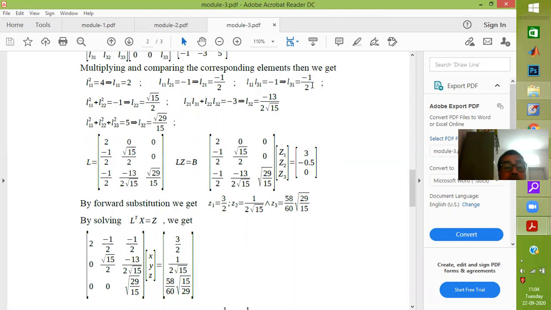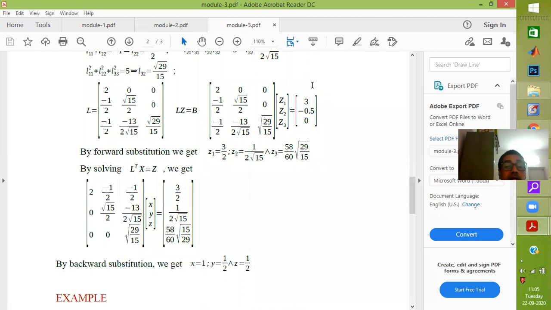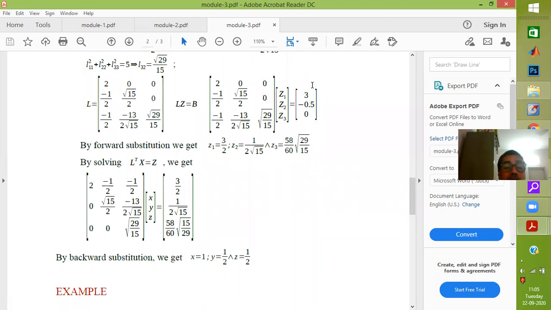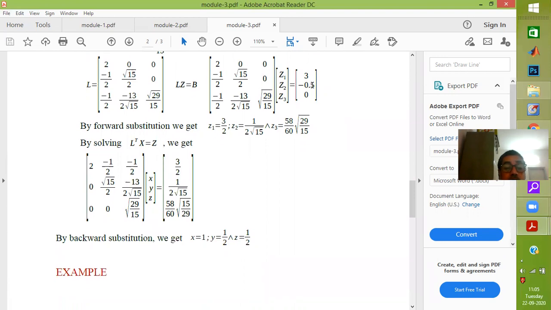Then you have L transpose X = Z, and by using backward substitution or an inversion, X = (L transpose) inverse Z, we find the solution vector: X = 1, Y = 1/2, and Z = 1/2.